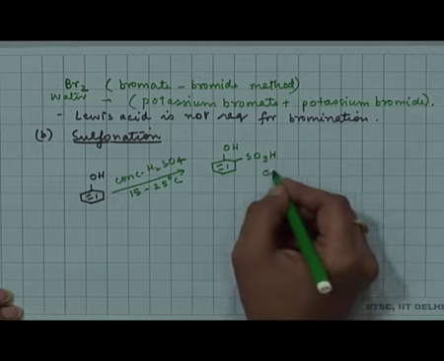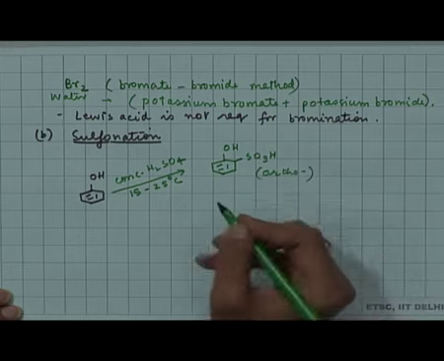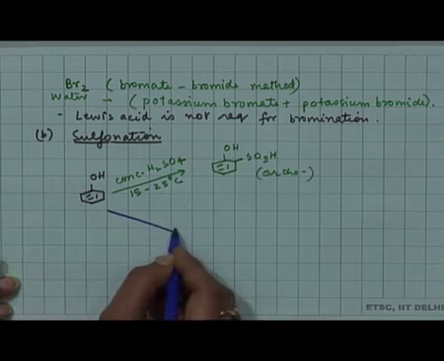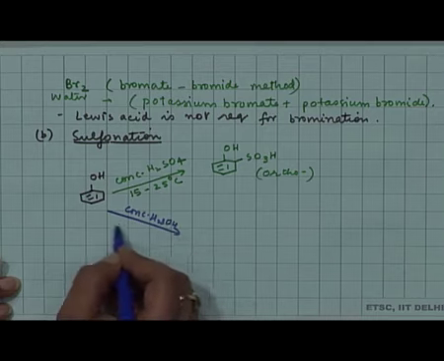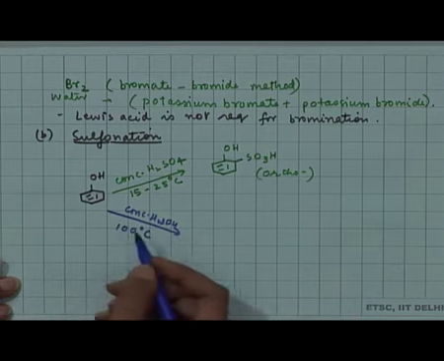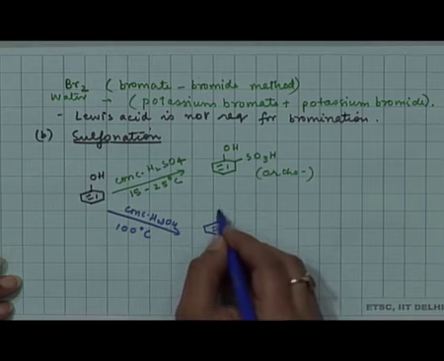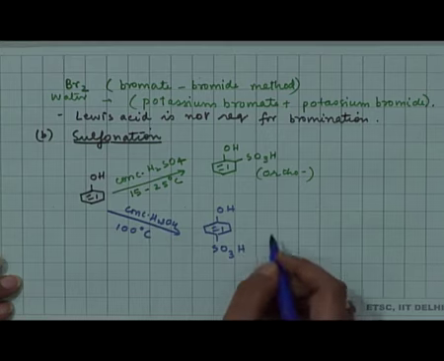You get the ortho substituted phenol, and if the same reaction with concentrated H2SO4 is carried out at 100 degrees centigrade, we get the product which is a para substituted phenol.